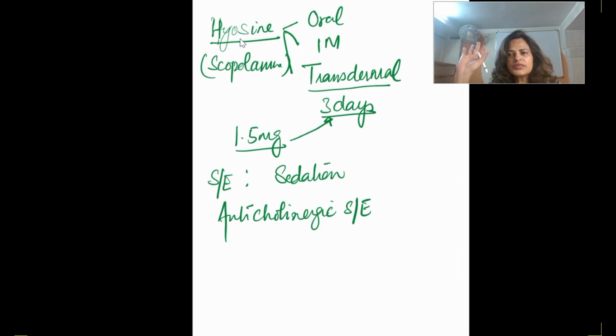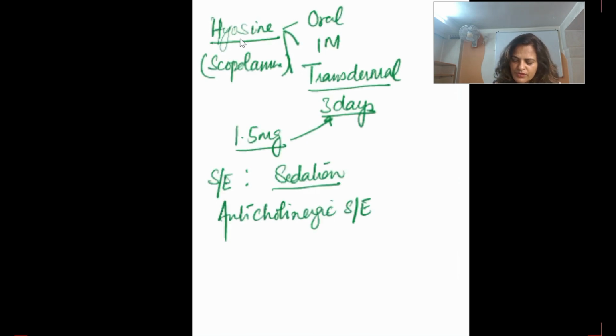If you use a higher dose, then you will see anticholinergic side effects like dry mouth, urinary retention, cycloplegia, and blurring of vision. Otherwise, with the dose we use as an antiemetic, we see only sedation.